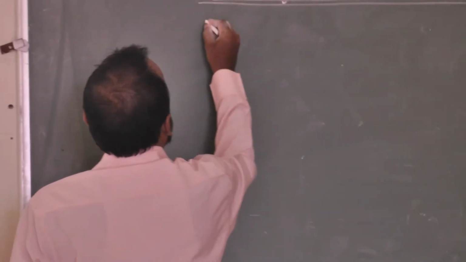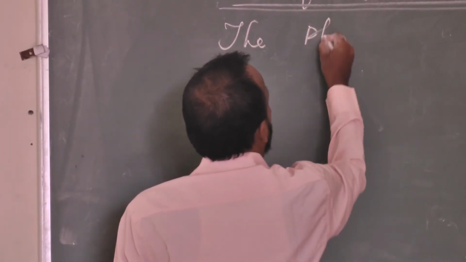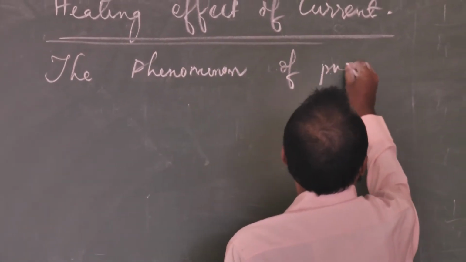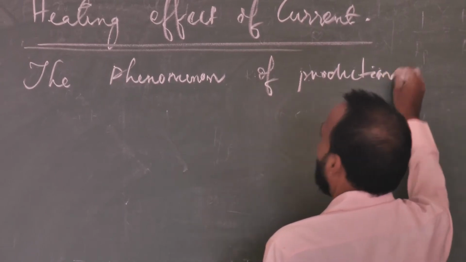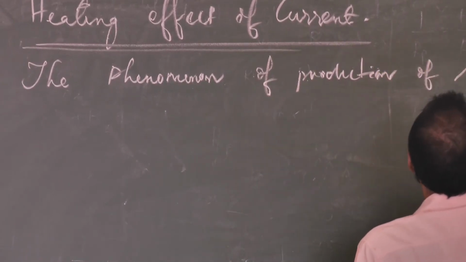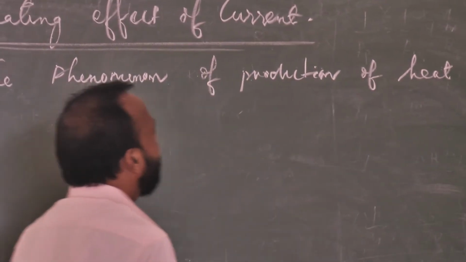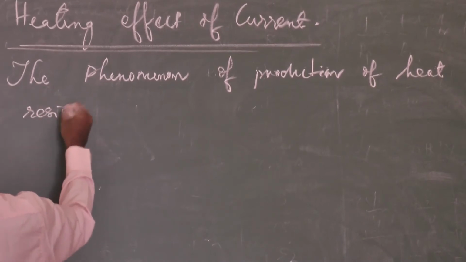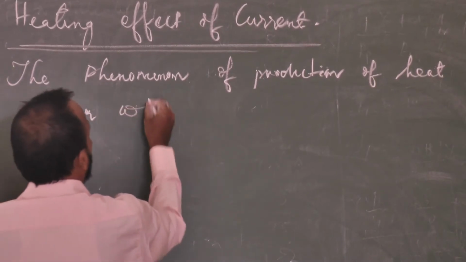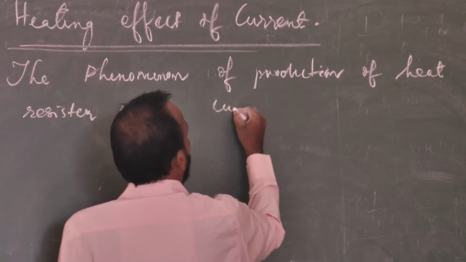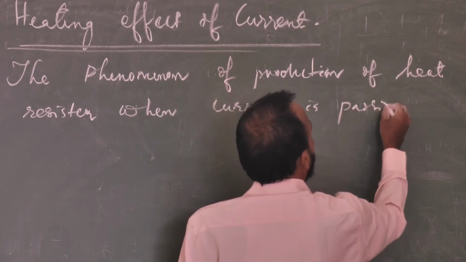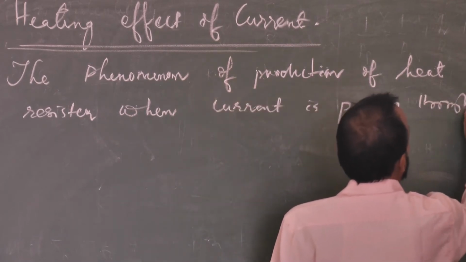The heating effect of the current is the phenomenon of production of heat in the resistor when current is passing through it.